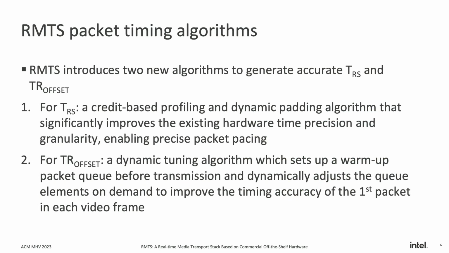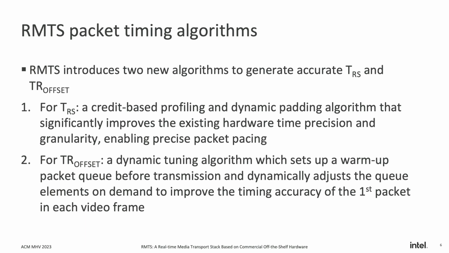So in our solution, what we've done is we've introduced two new algorithms, and this is one part of a very large piece of software that does many, many things, but this is implementing just the ST2110-21 part. And these two algorithms are for the interpacket gap, the TRS parameter.